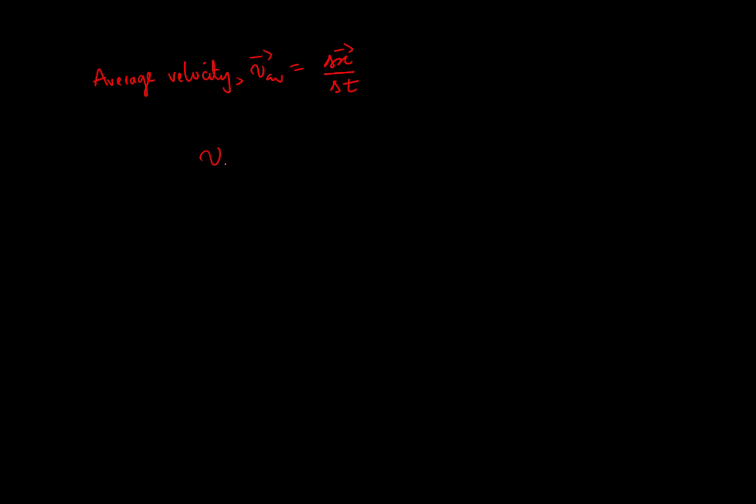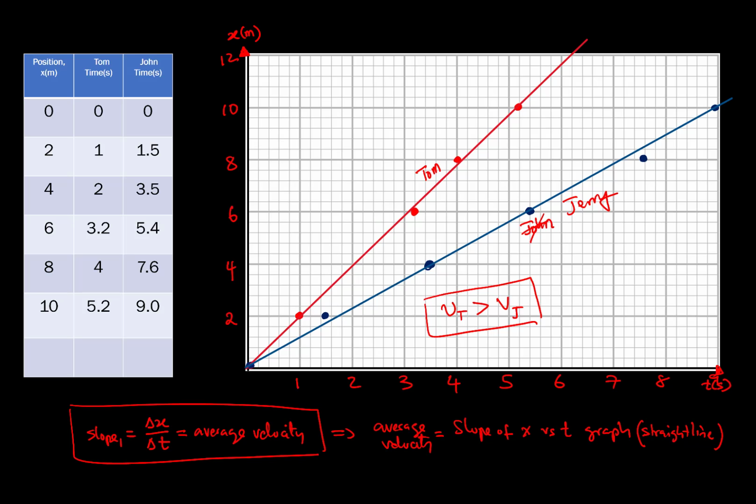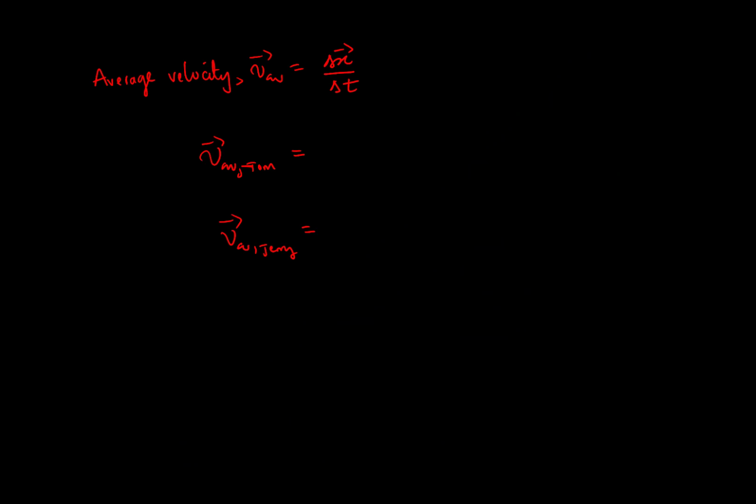So let's calculate the average velocity for Tom, and let's calculate the average velocity for Jerry. If we look at this graph, we are going to pick 2 points.